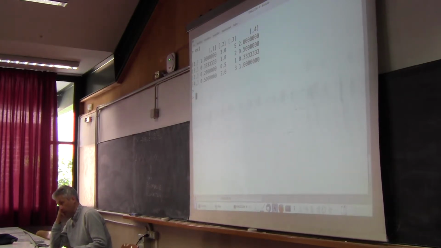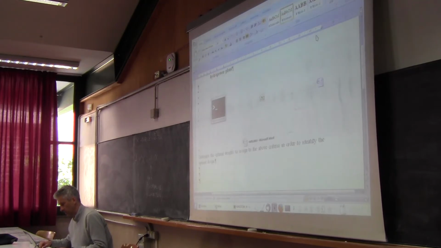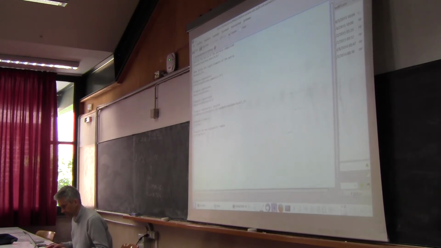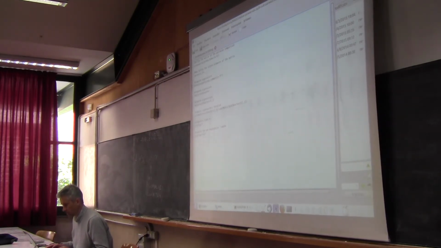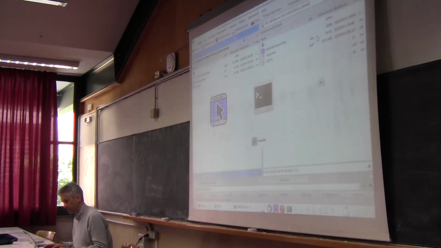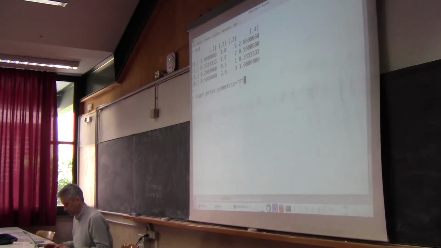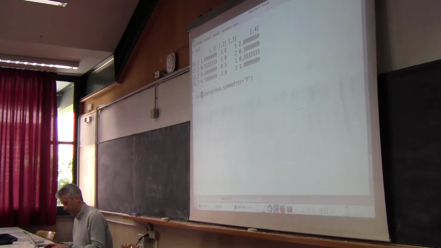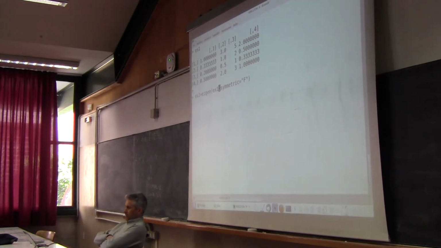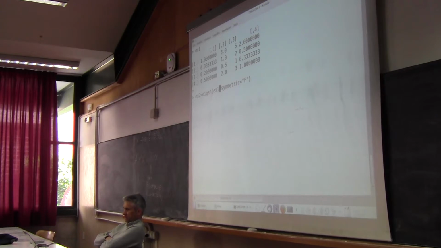Good. Now let's compute eigenvector and eigenvalues. And I open now the suggested output. And what we have to do now is to use this function eigen. I copied it. I go back to R. So let me define a variable x2, which is given by eigen x1 and symmetric equal false, which means that it's antisymmetric.